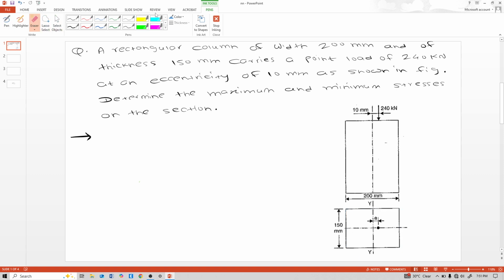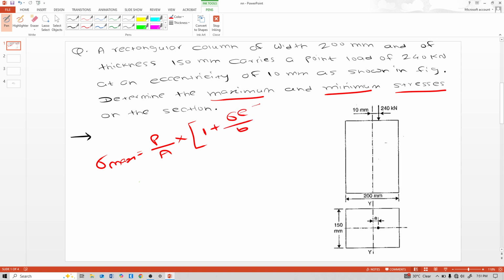So now see our objective. Our objective is to calculate the maximum and minimum stresses. We have seen that the maximum stress is denoted by sigma max, and the formula for the maximum stress is P by A, load upon area, into 1 plus 6 into eccentricity by the width of the column section.